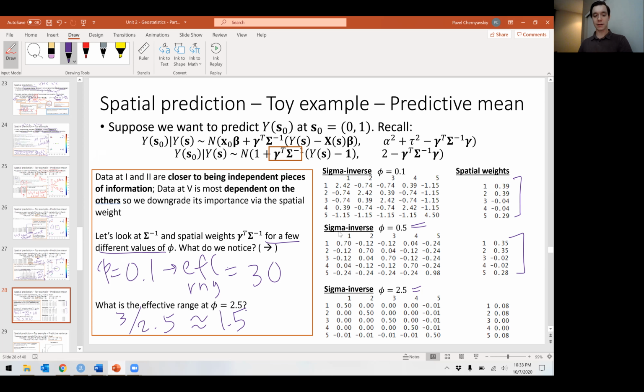Data are almost uncorrelated when phi is 2.5. There's not a ton of spatial information when phi is 2.5. And accordingly, the spatial weights, how much the residuals at all of our observed locations influence the new prediction, are all very close to 0.